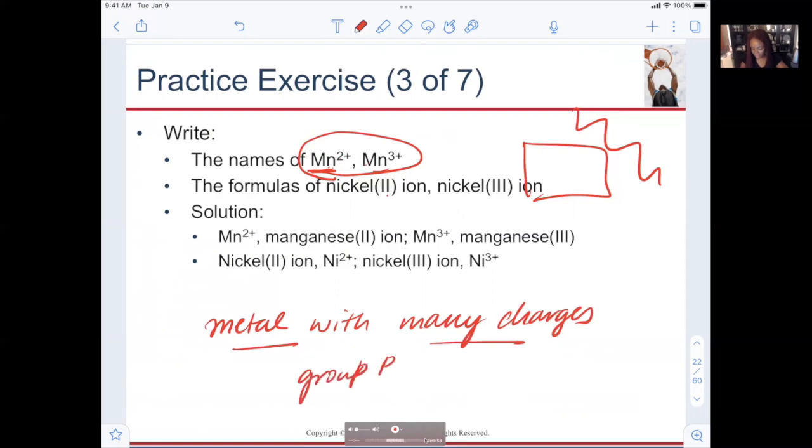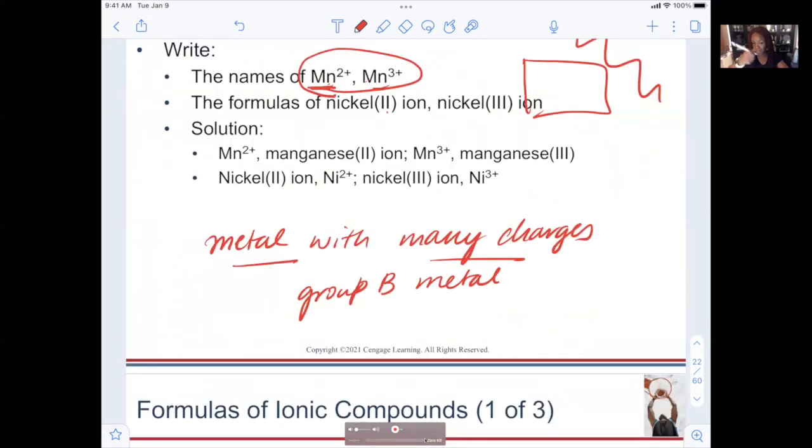That makes it, by this criteria, a group B metal. Group B metal, when you're naming them as an ion, you're going to name the element's name, as I wrote earlier. You're going to put the charge, and then you're going to write the word ion.